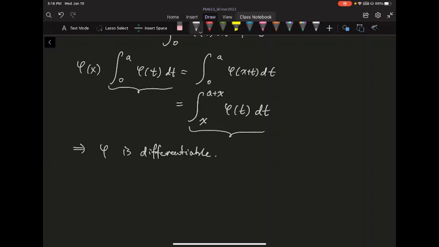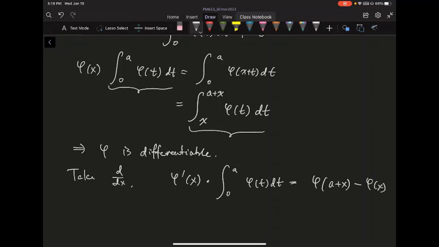Because it's differentiable, now let's take the derivative d over dx. On the left-hand side, you have phi prime of x multiplied by this constant, the integral from 0 to a of phi t dt. On the right-hand side, by the fundamental theorem of calculus, you have phi of a plus x minus phi of x.